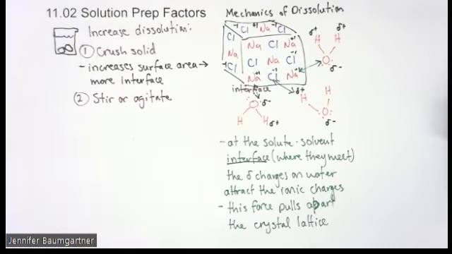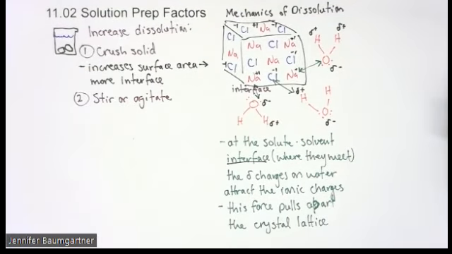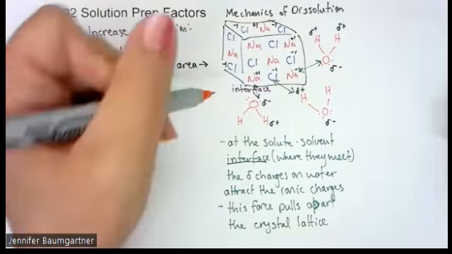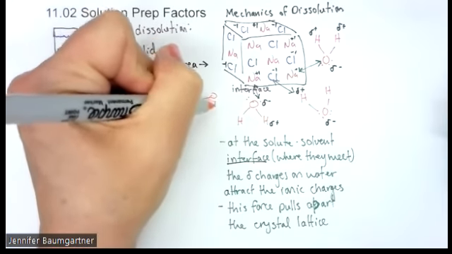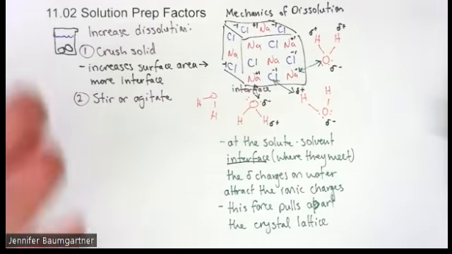And what we're going to see is when this water molecule pulls off, let's redraw another molecule here. Let's do an OH. When a water molecule pulls off an ion, the ion kind of stays attached to the water molecule.